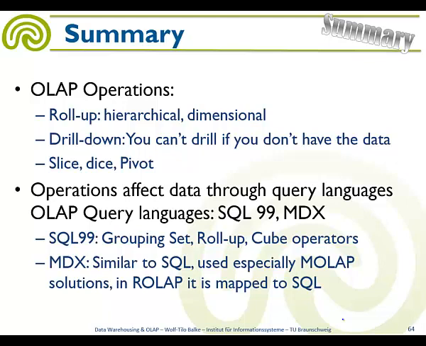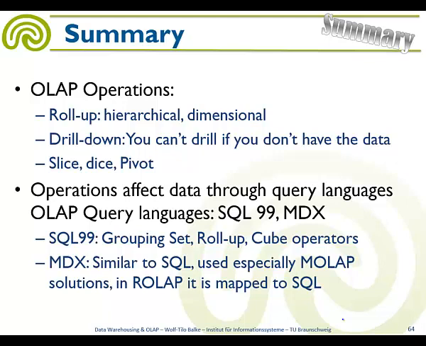Then we have talked about slicing and dicing. Slicing is basically just projecting data for building spreadsheets for certain values, whereas dicing is a range query that cuts out part of the cube. Pivoting is just changing or rotating the axis of your spreadsheet, and those are the 5 basic OLAP operations that are needed.